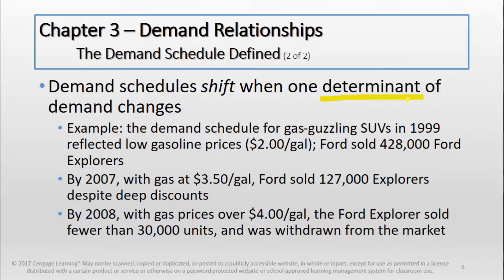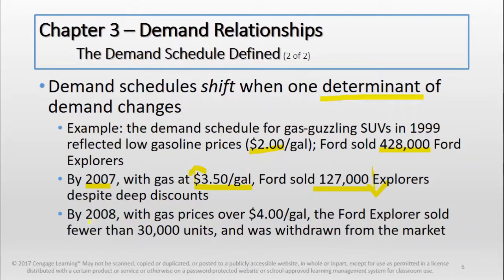For example, as you can see, in 1999 the gasoline prices were at $2. With that, Ford sold 428,000 units. By 2007, there was an increase in price to $3.5. With that, the quantity sold by Ford decreased to 127,000.